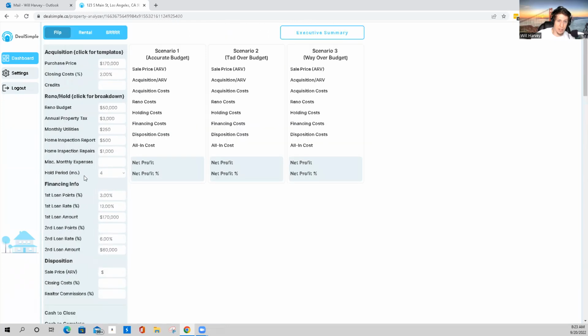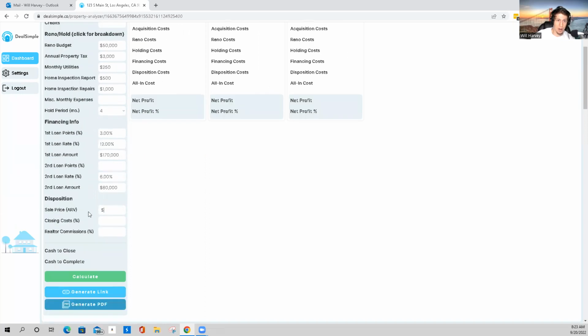And then this one's ARV, let's say it's not 3.4 million, 340. Closing costs when we sell it, 1.5, probably end up around 1%, but we want to be conservative there. And this all depends on the ARV, and I can't give much information on that.